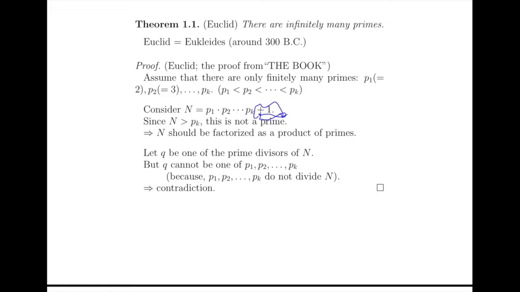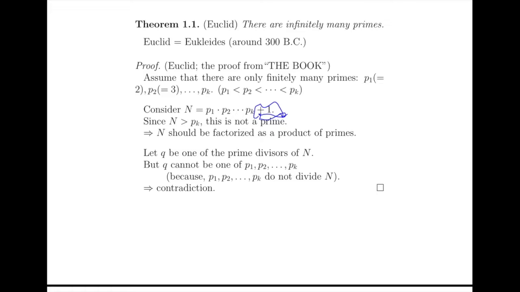So this theorem was proved already 2,000 years ago, and this is the starting point of the theory of prime numbers. But the next stage of prime number theory started much later, maybe in the 18th century.